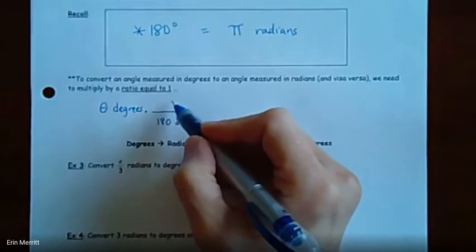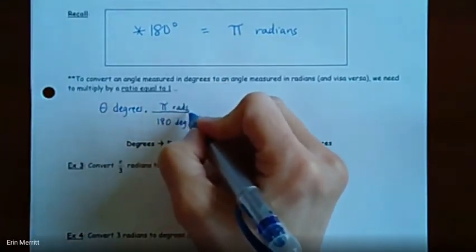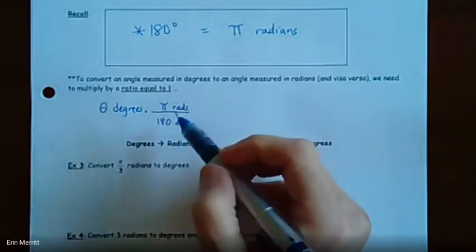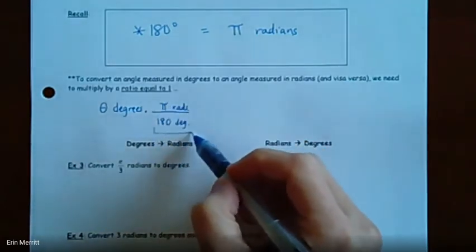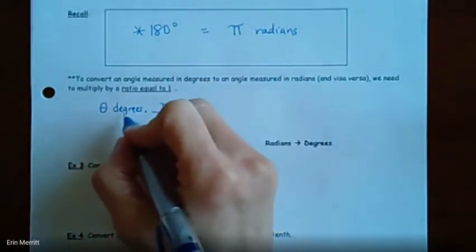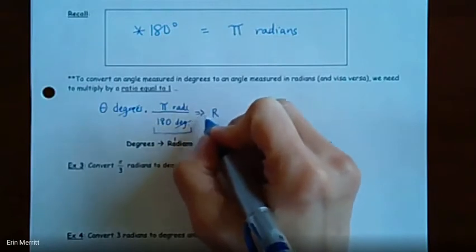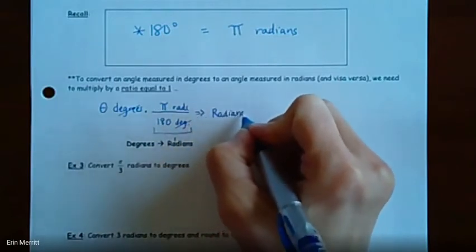What's going to go on top is what it's equivalent to, pi radians. Right? And because this is equivalent to 1, it won't change the value. It's just going to change the unit of measure. The degrees will cancel, and what you'll be left with is an answer in radians.